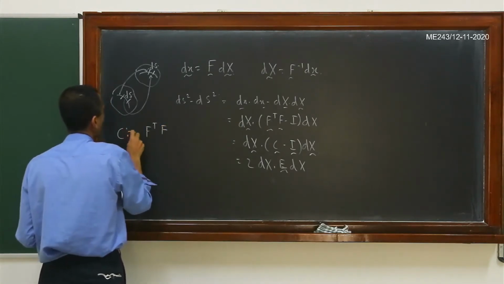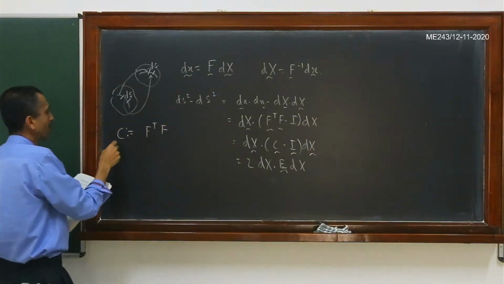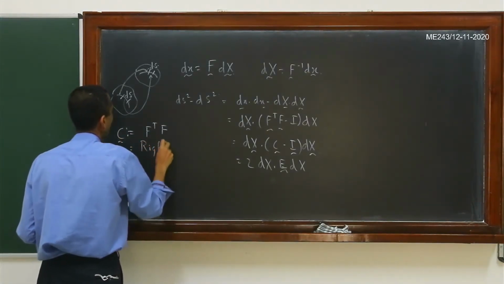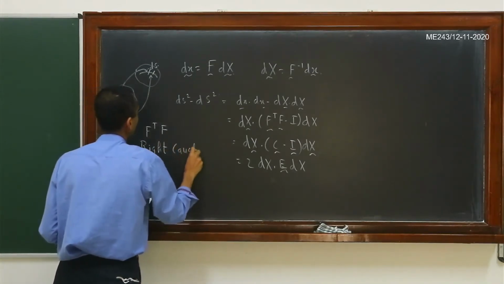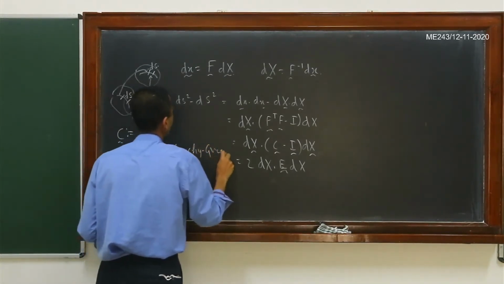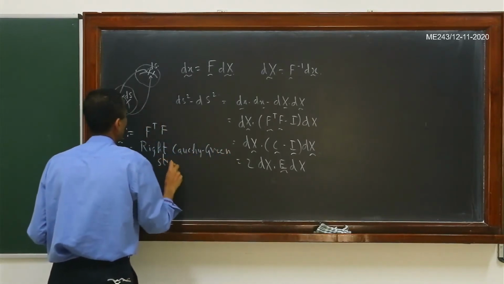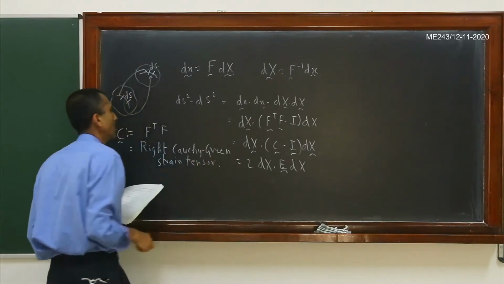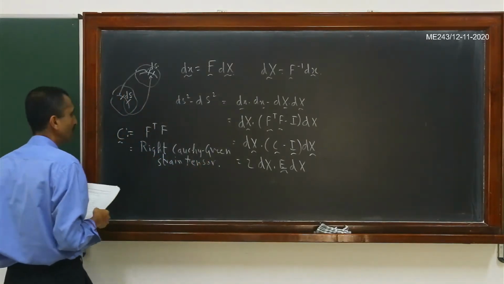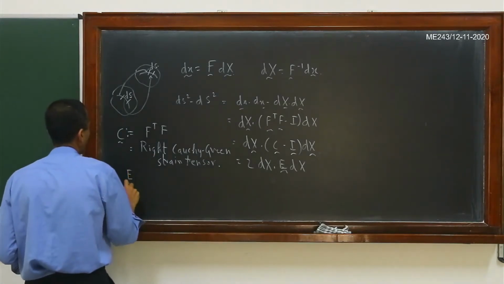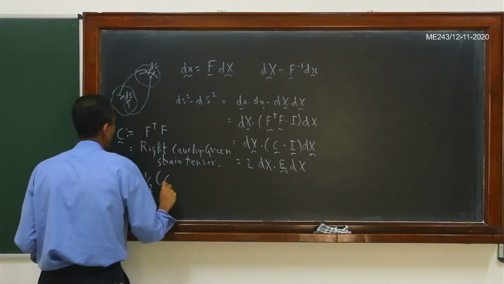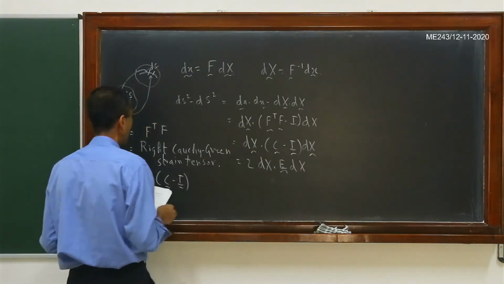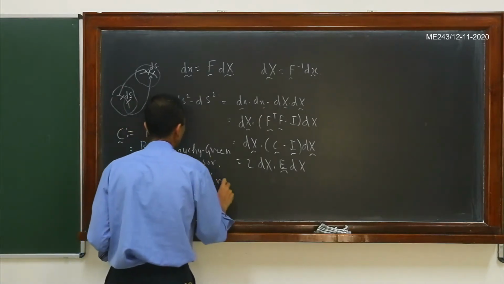I put a colon equal to, which means we are defining this object, and this is known as the right Cauchy-Green strain tensor. And this E here, which is half of C minus I, is known as the Green strain tensor.